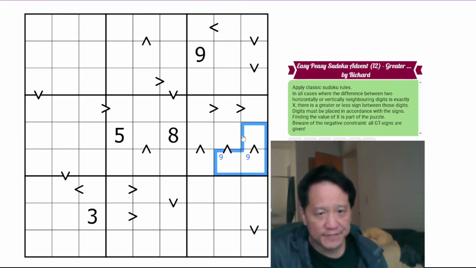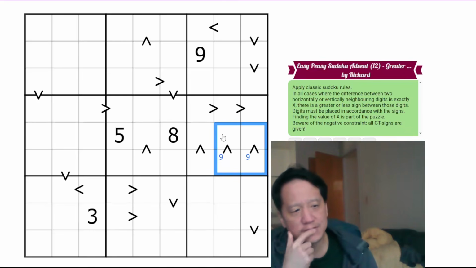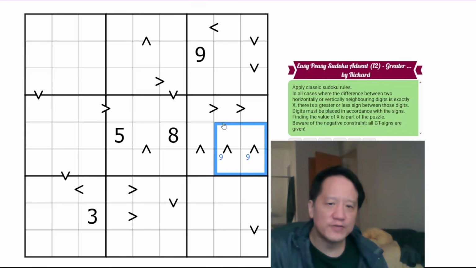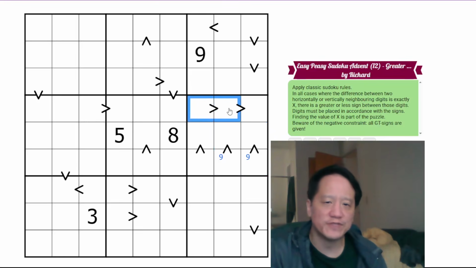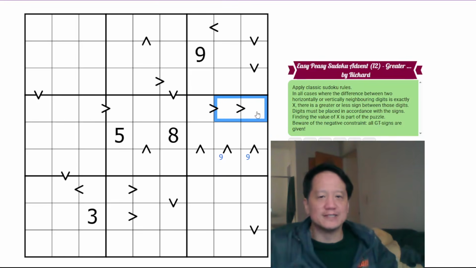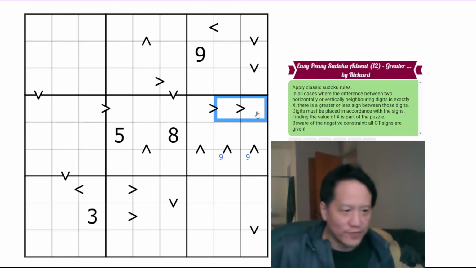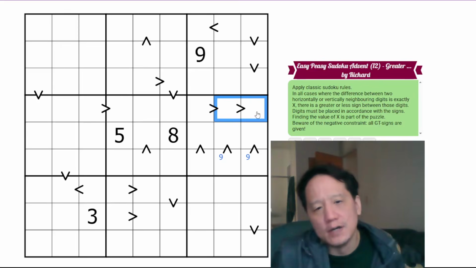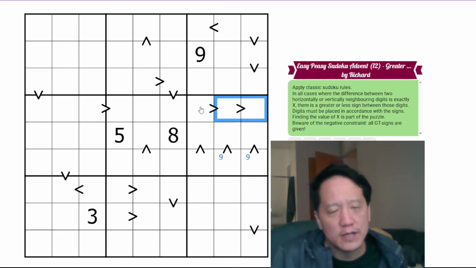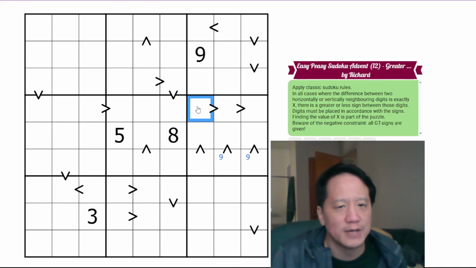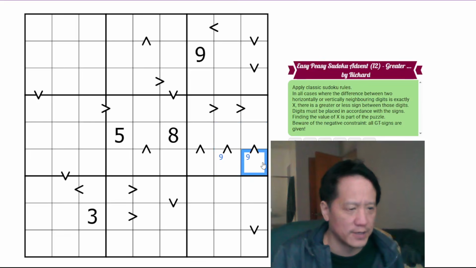If we have a difference of 5 or more, the problem is that this has to have a difference of 5, and this has to have a difference of 5, which is not possible, right? So the difference has to be 2, 3, or 4. But if it's 4, this could only be 9, 5, and 1, but this can't be 9. So it has to have a difference of 2 or 3 then.